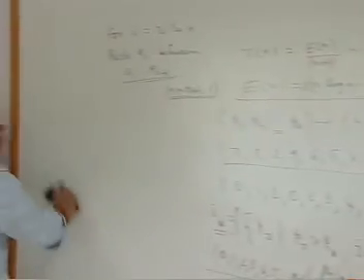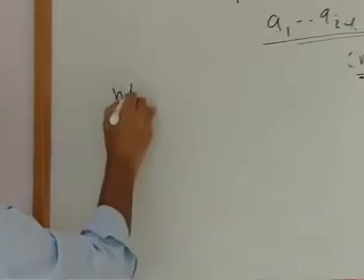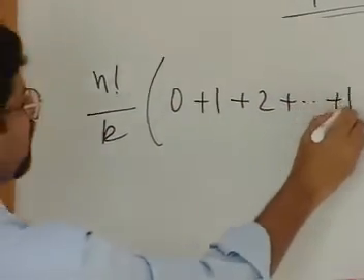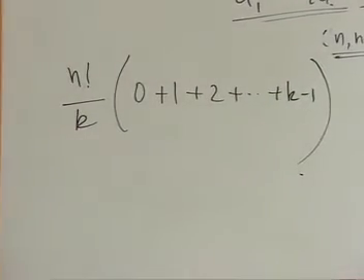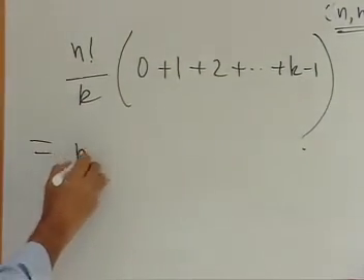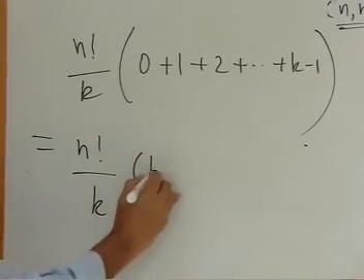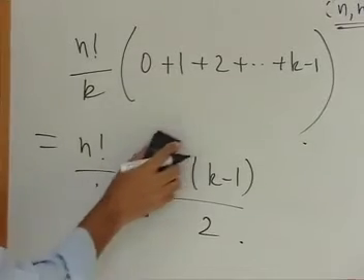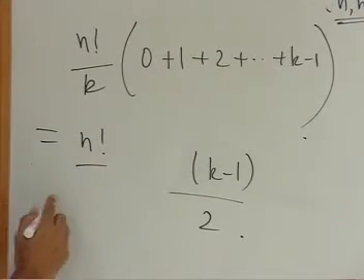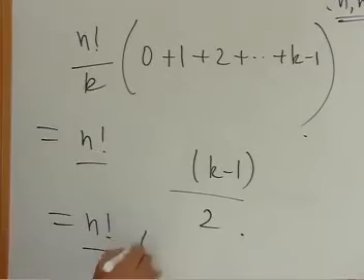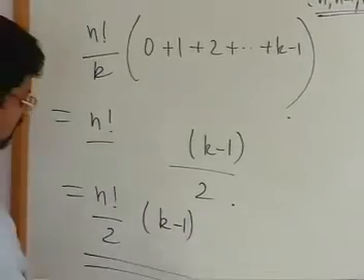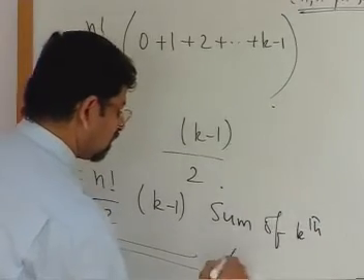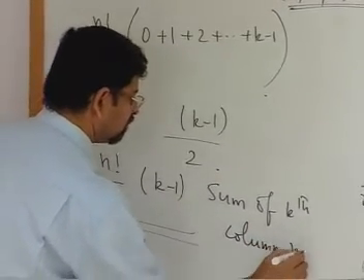In the kth column, factorial n by k zeros will be there, ones will be there, 2's will be there, and up to k minus 1 will be there. When you add this, you get factorial n by k into k minus 1 by 2. Therefore, this k and this k cancel, and it is equal to factorial n by 2 into k minus 1. So, this is the sum of the kth column numbers.